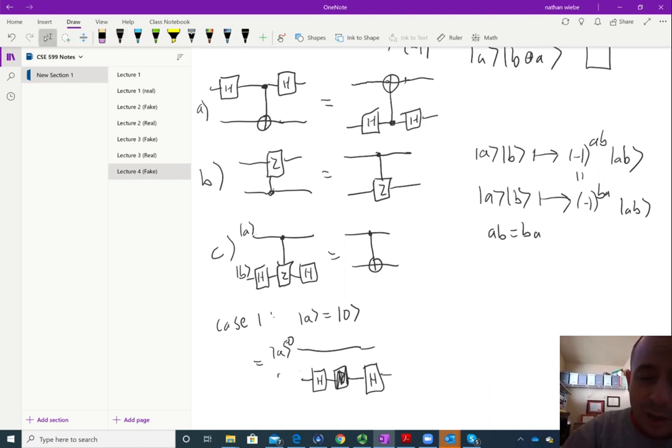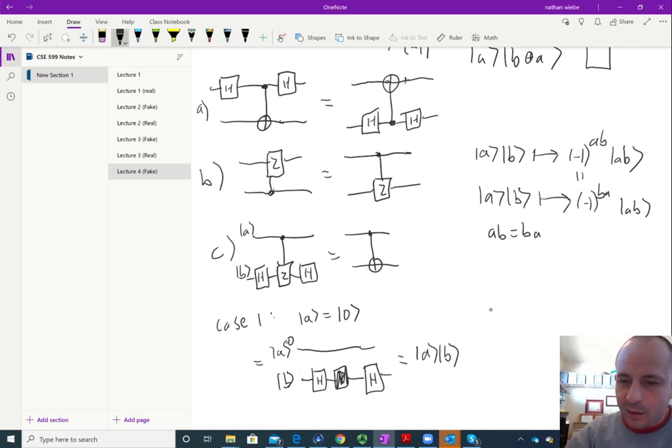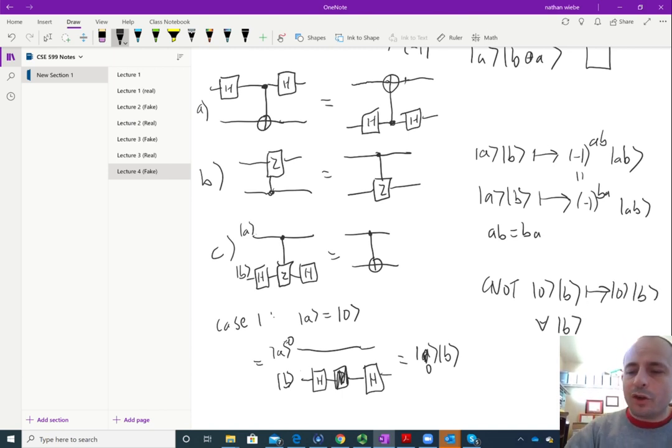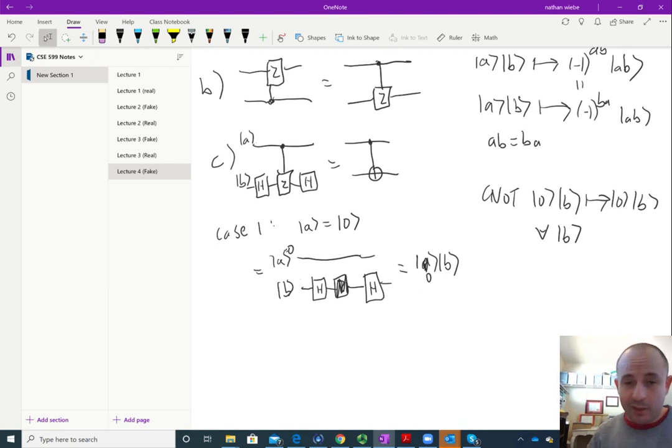But Hadamard squared equals identity, so this just ends up yielding a B. So in the case where the top bit is 0, this ends up performing the identity map, which is the exact same thing as C0. So C0 maps 0B to 0B for all B. So this map does the right thing for half of the cases.